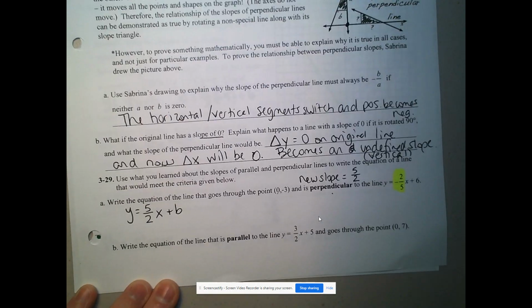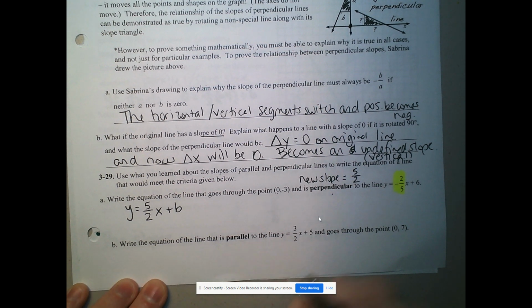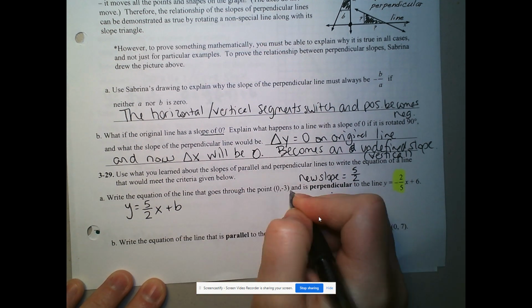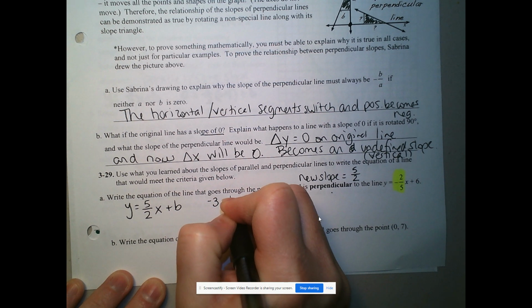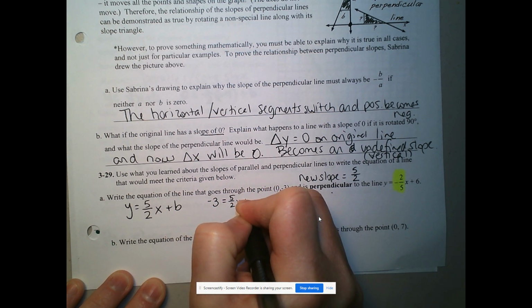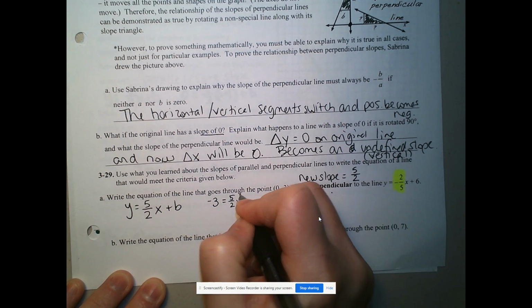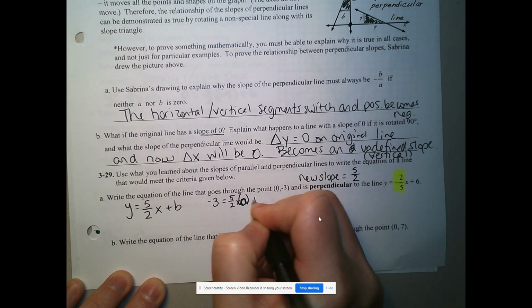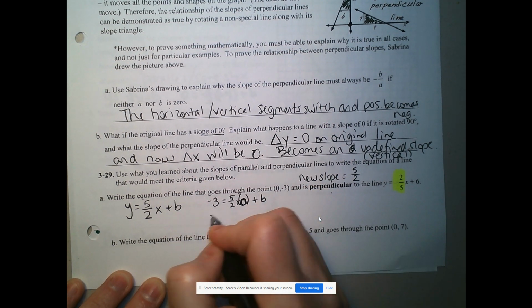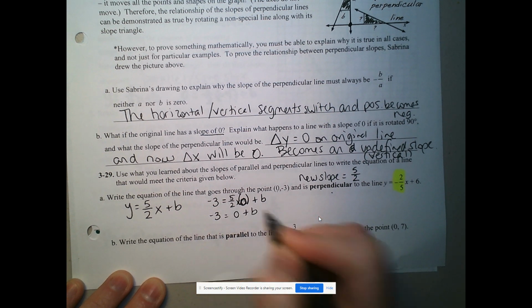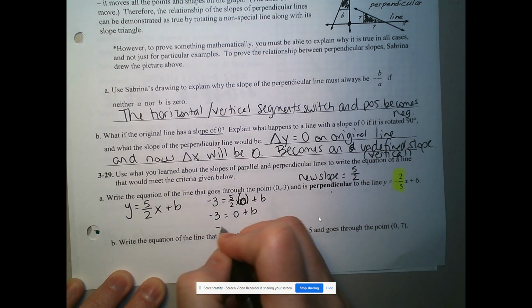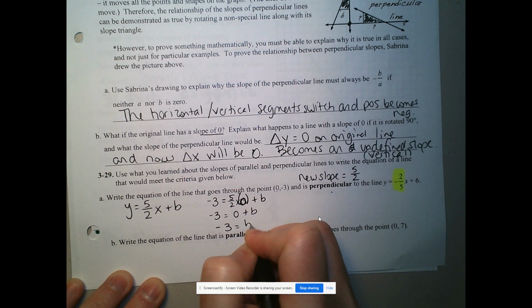So now I have something to substitute for x and y. So y is going to be -3 equals 5/2 x, and instead of x, we're going to put a 0 there, plus b. So 0 times 5/2 is just 0. And when I take away 0 from both sides, I get that -3 is the intercept.